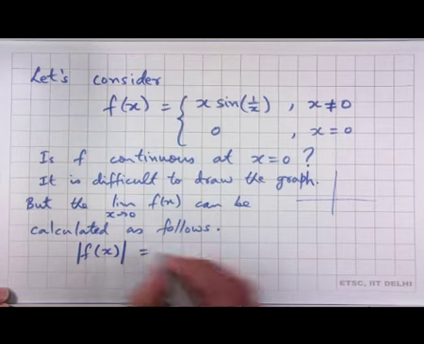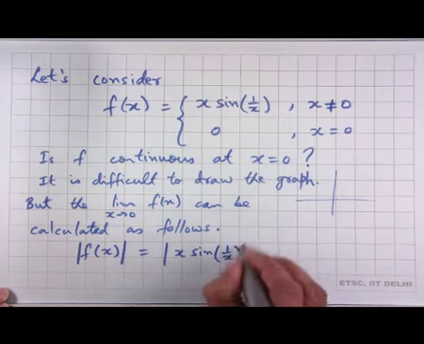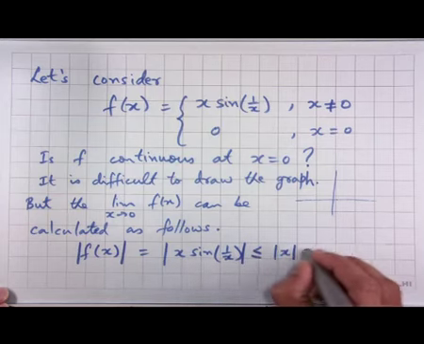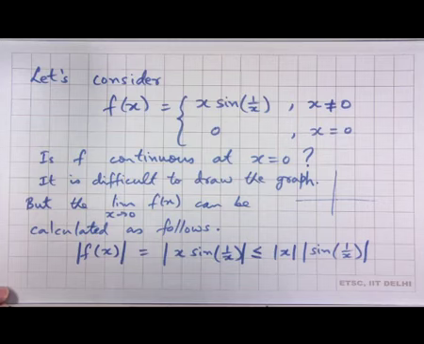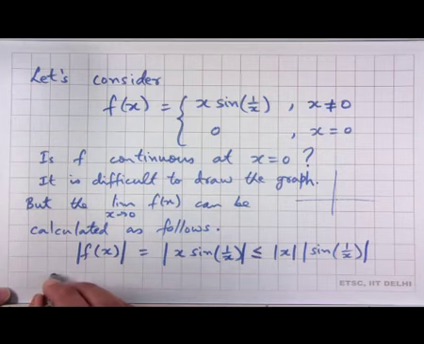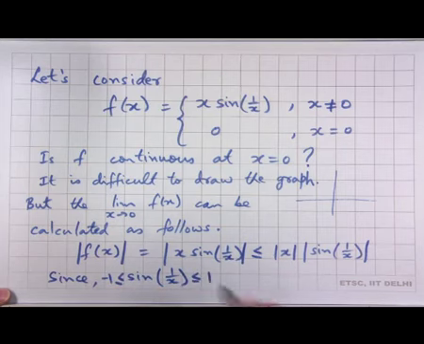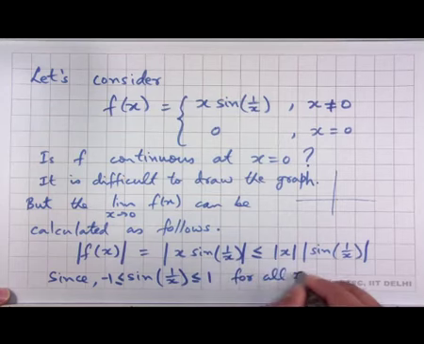This is equal to mod of x times sine of 1 by x, which is less than or equal to mod x times mod sine 1 by x, and since sine of 1 by x, we know that it is always between -1 and 1 for all x not equal to 0.